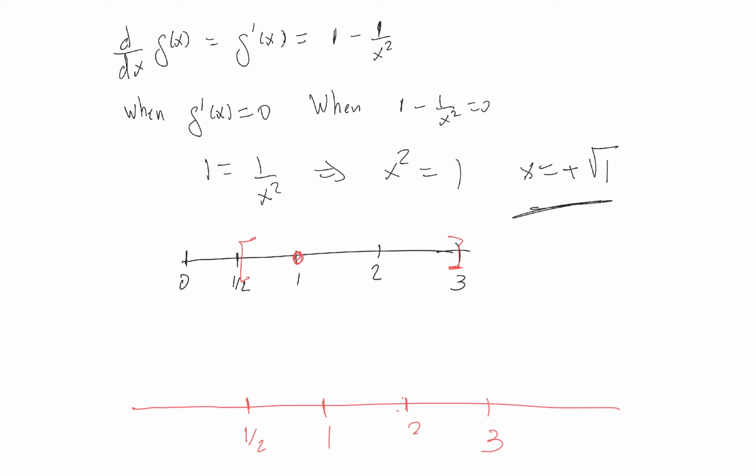And we know here the slope g prime of x is 0, but we don't know if it's a maximum or a minimum. So we take a point to the left, let's say 1/2, and we see what's the value of g prime of 1/2.